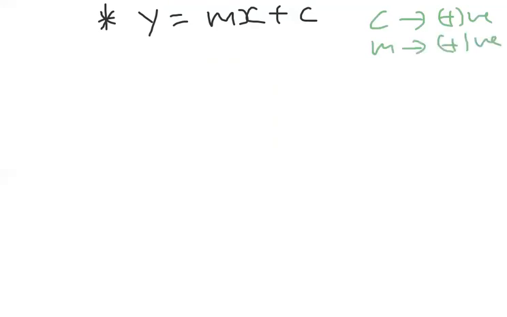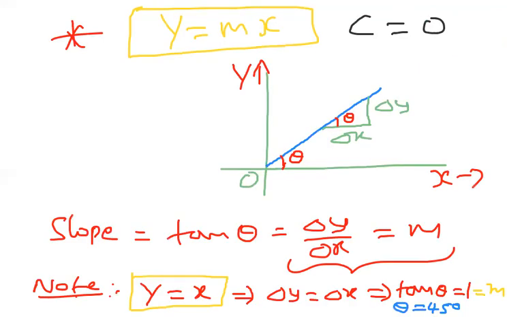In the previous condition, I can write c is equal to 0, and the m value is positive. Positive slope.